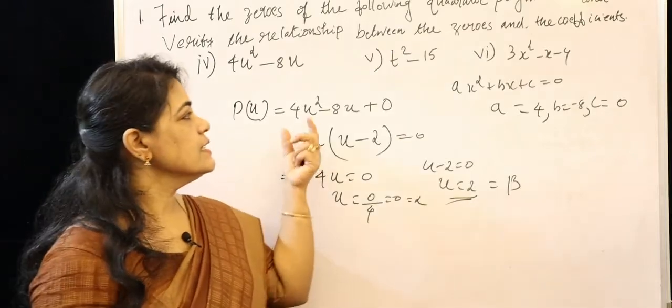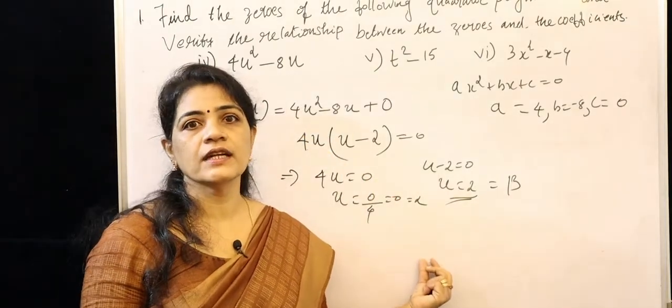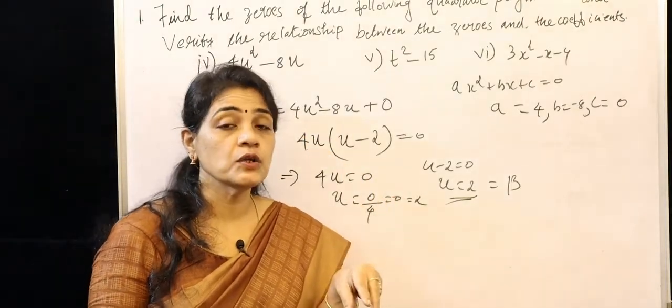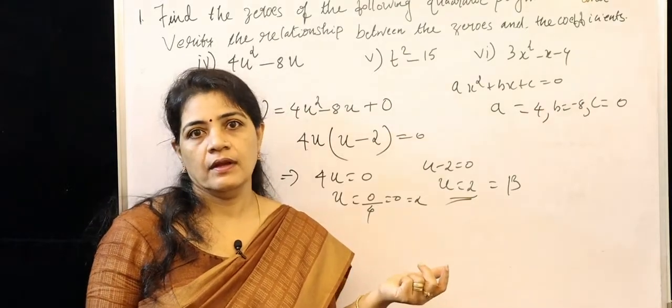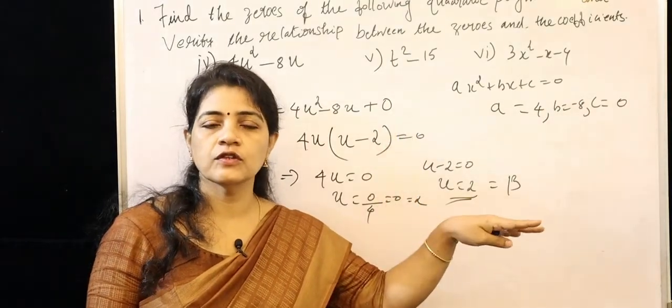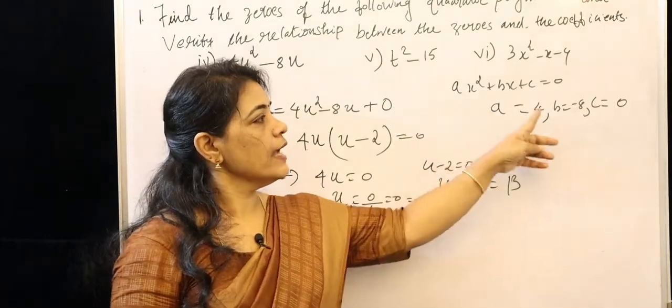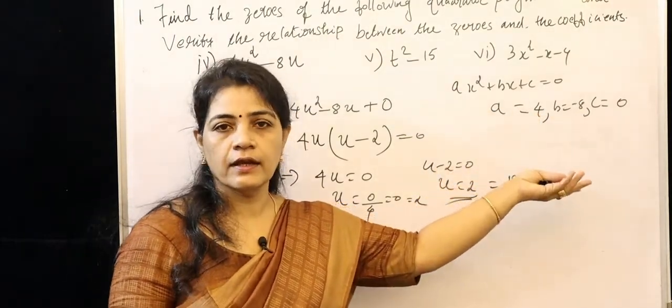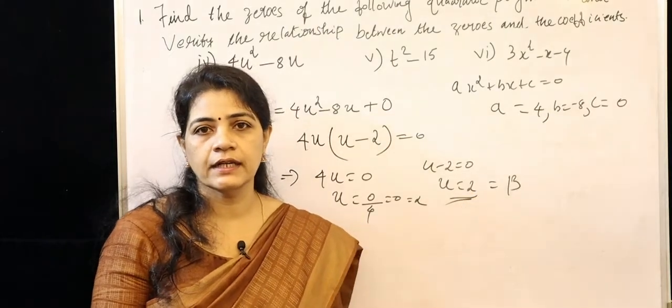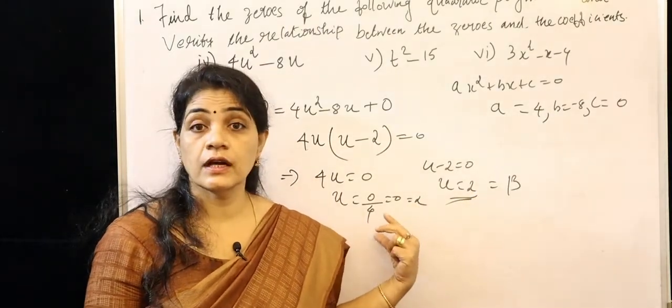Understood? Here since this is not in the standard form, that is why I factorized without splitting the middle term. Understood? Because if we use splitting the middle term, we need a into c, 4 into 0 is 0, so how can that be split, we can't split.